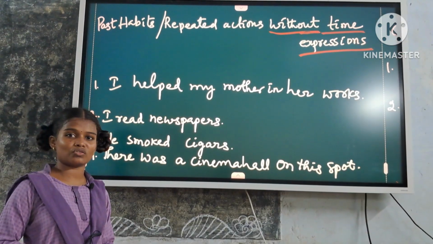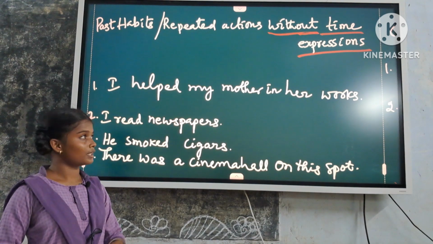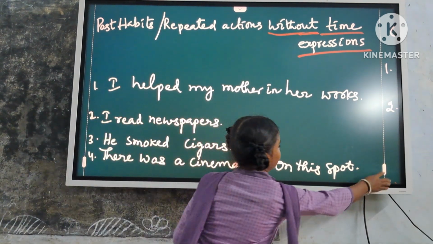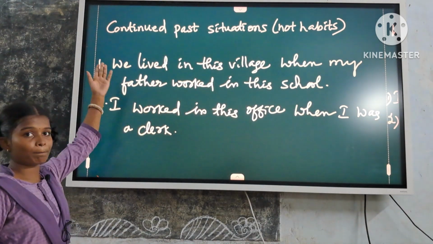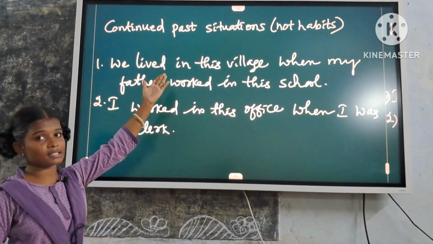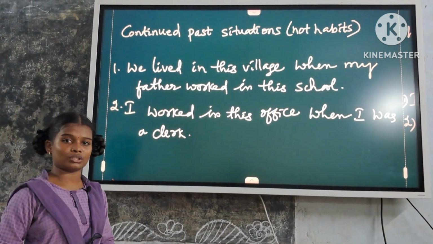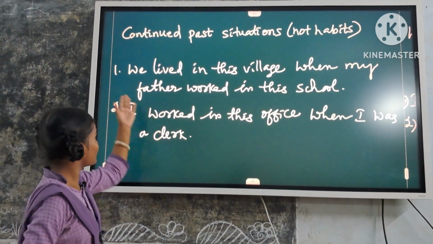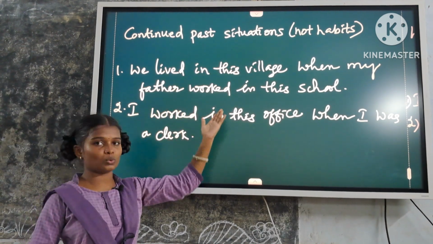Now another situation where we can use only used to. Let us see. For continued past situations which are not habits, we can use only used to. First example, we lived in this village when my father worked in this school.